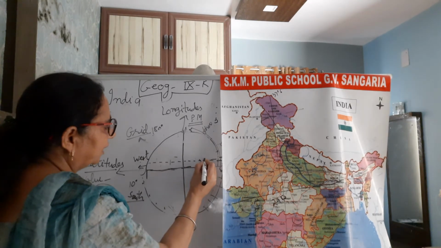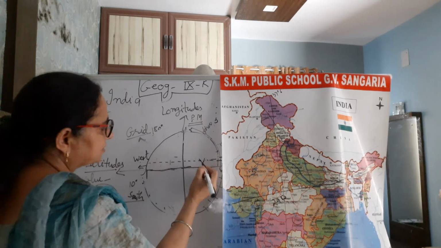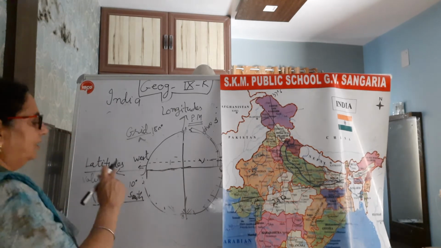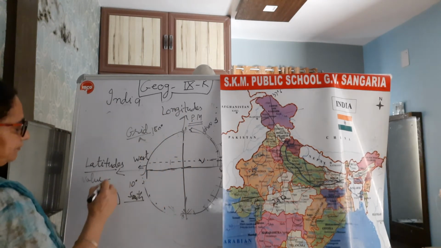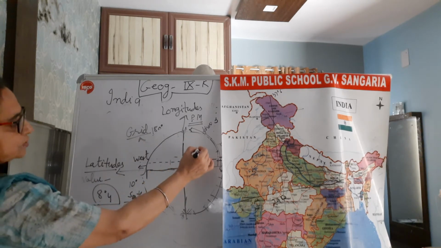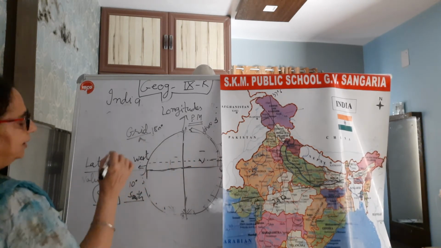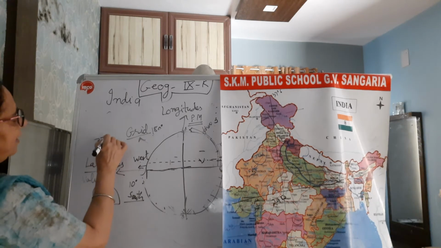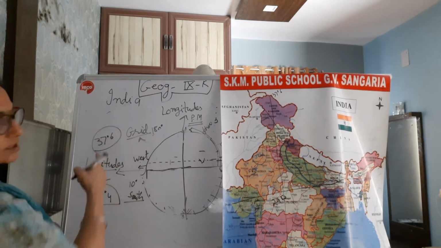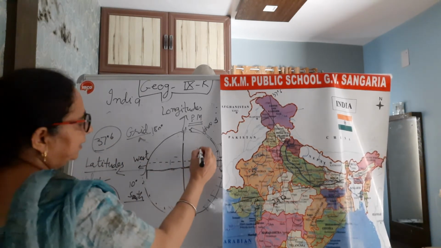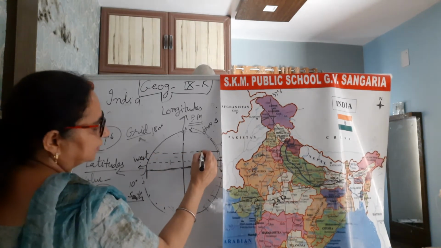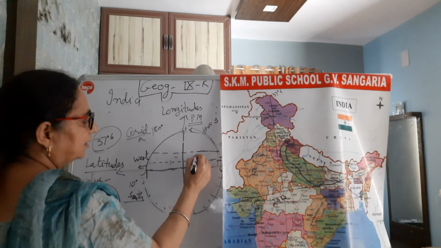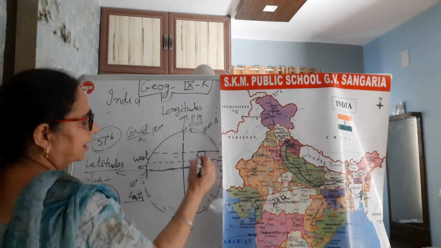We will take it somewhat lower than 10. And its second latitudinal value, suppose India is up to here, that is 37 degree 6 north. So here it is something like 37 degree north, right? So it is like here, India.